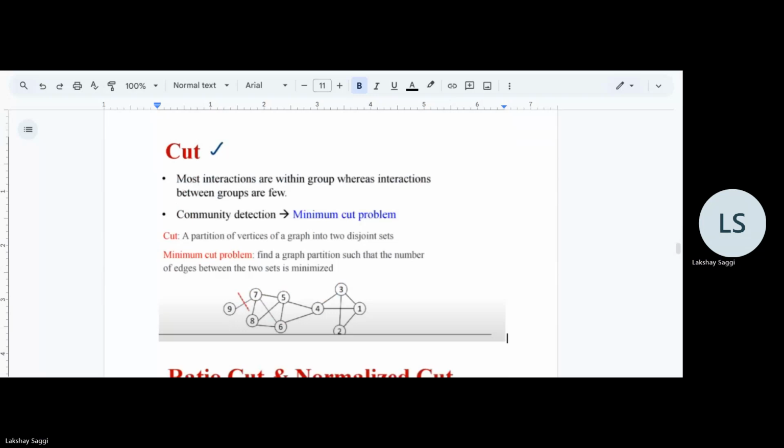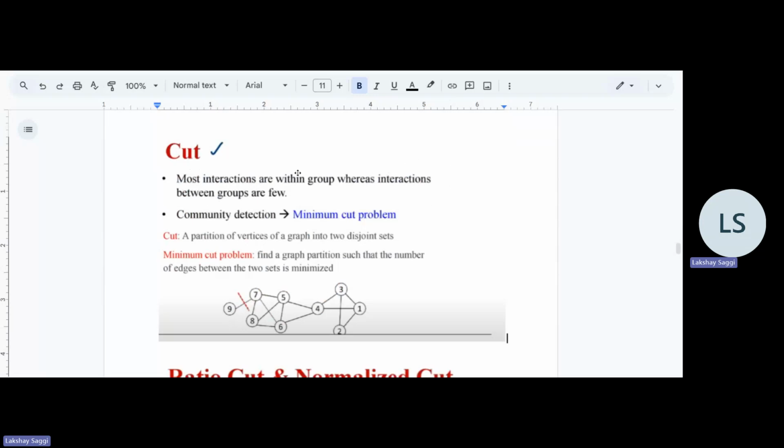So, what is a cut? A cut is a partition of vertices of a graph into two disjoint sets. And what's the intuition behind defining things with respect to a cut? If there are communities, then most interactions are within communities, and interactions between communities are few in real world networks.